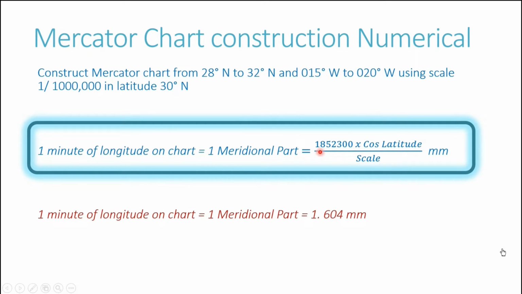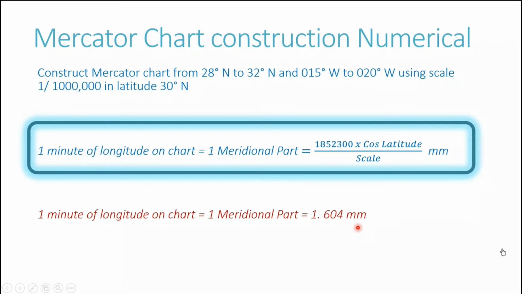So if you put these values, 1852,300 multiplied by cos of 30 degrees, which is our latitude, and divided by the scale, which is 1,000,000, you will get this value of 1.604 millimeters. So we get a value on this particular chart. 1 minute of longitude is going to be 1 meridional part.